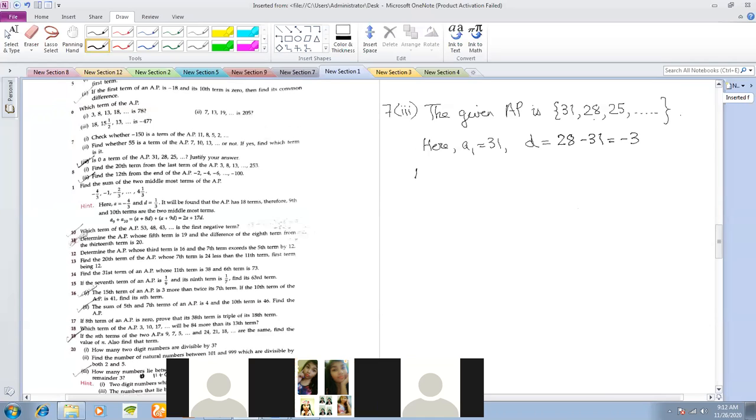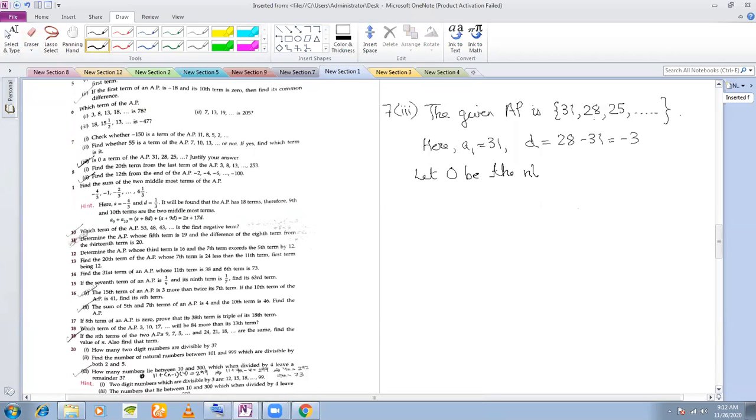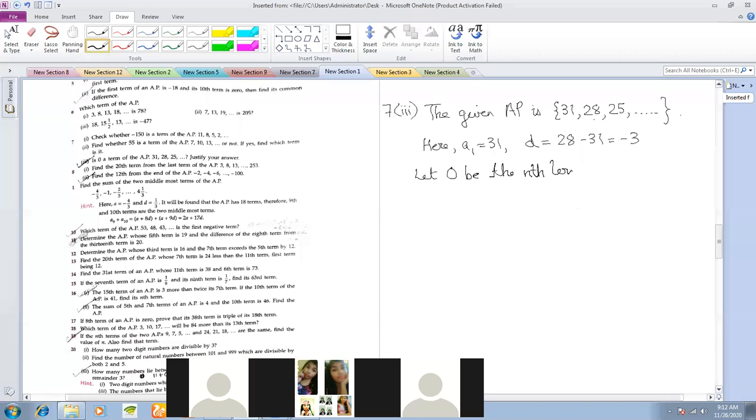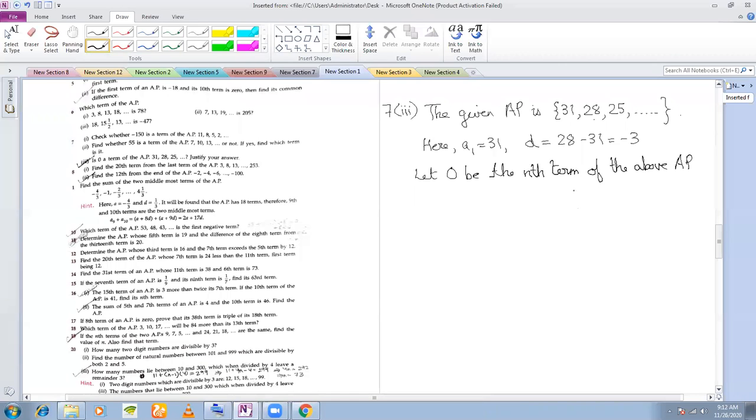So let 0 be the nth term of the above AP. If 0 is the nth term, then an must be equal to 0.